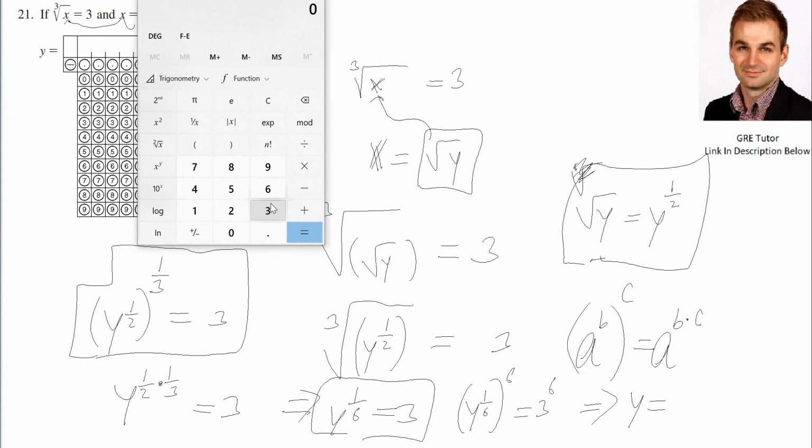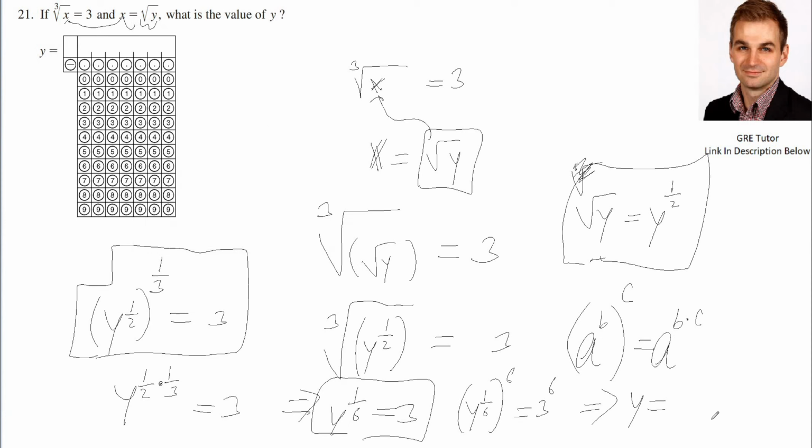You get 3 times 3 times 3 times 4, 5, 6. And that gives you 729. So the answer is y is equal to 729.